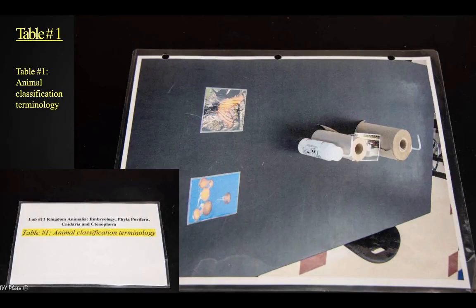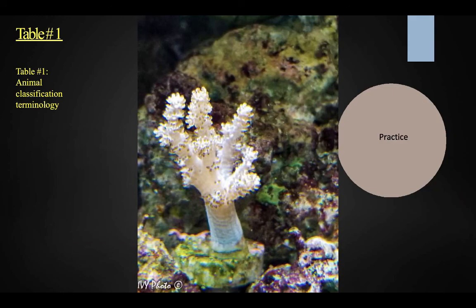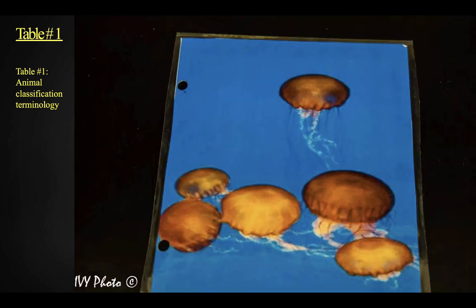Instead, they have a picture of a jellyfish and a picture of a butterfly. They're asking what kind of symmetry it has and how many germ layers. So you figure out what phylum they're in, and from there you can figure out that if they're in this phylum, they have this many germ layers and this kind of symmetry.